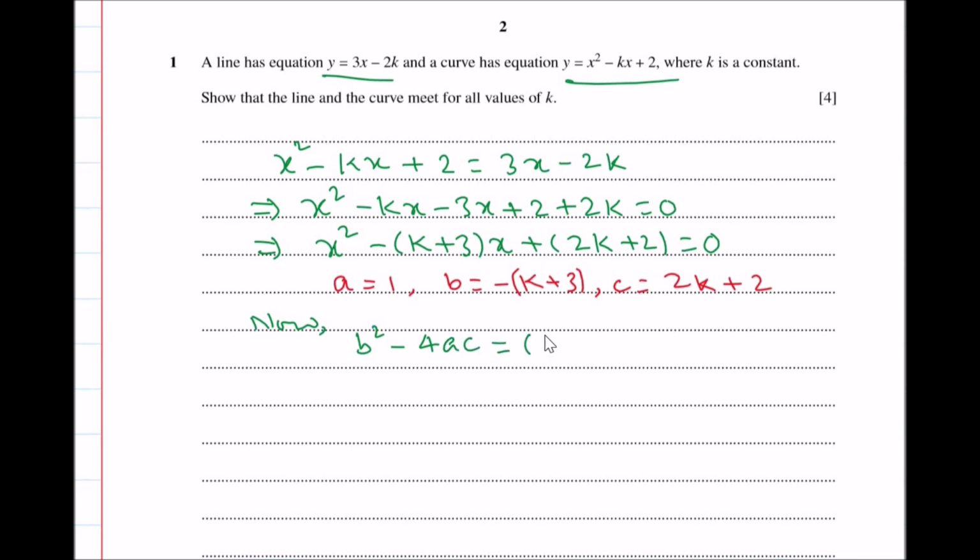So we'll write (k plus 3) whole square. Why did I remove the minus sign? Because if you are squaring, it becomes positive, so we will ignore that sign here. Positive, no need to write plus sign. Now minus 4 into a is 1 into c is (2k plus 2).